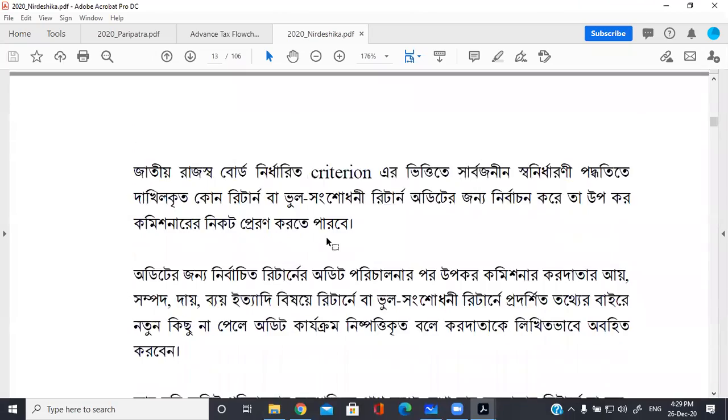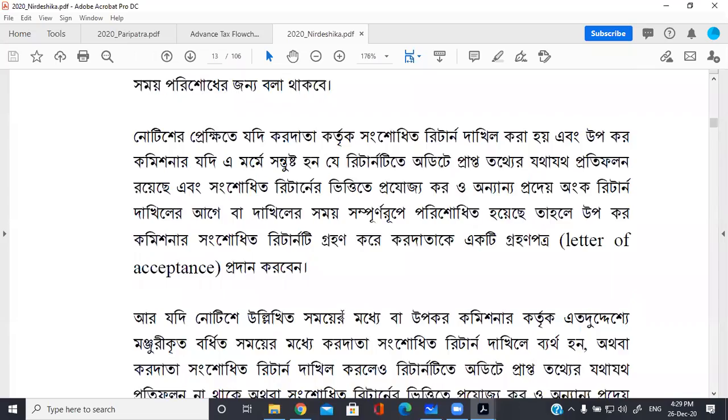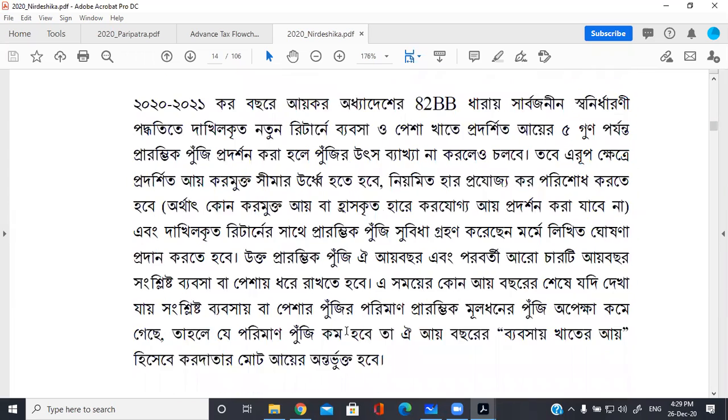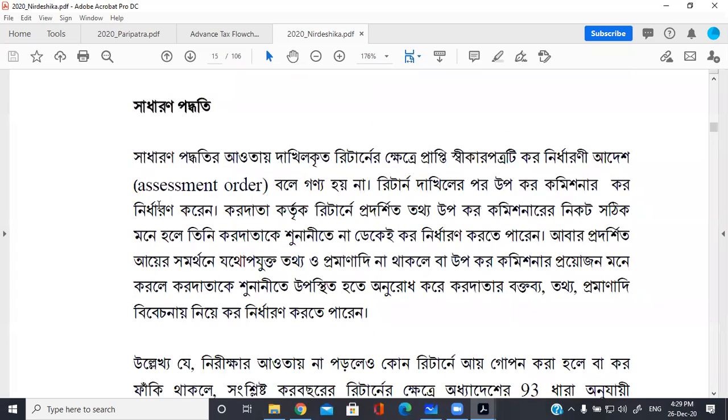So usually what we follow in general is 82BB, that we prepare the income tax return by ourselves or by taking help from the experts. But the difference is that when you are preparing your income tax return in the general method, that is not 82BB or the universal method, just recognize the difference. Your acknowledgement letter after submitting the income tax return will not be considered as an assessment order.